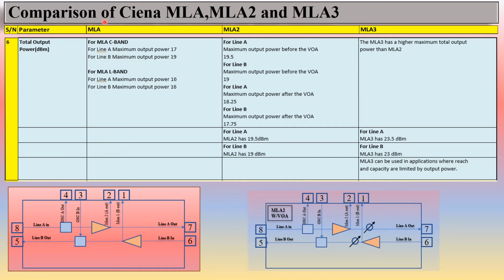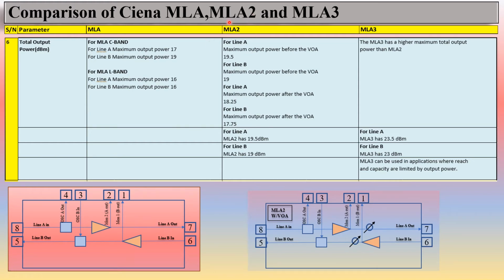So for MLA C band for line A, maximum output power is 17, and for line B, you can see here the maximum output power from this port is 19. For MLA L band, suppose this is the MLA L band, so for line A the maximum output power from this port is 16 dBm, and the maximum output power from line B output, that is port number 5, is 16 dBm.